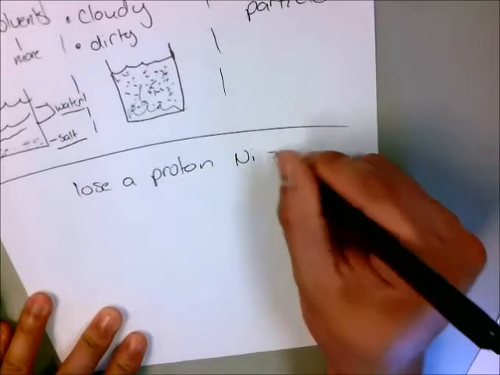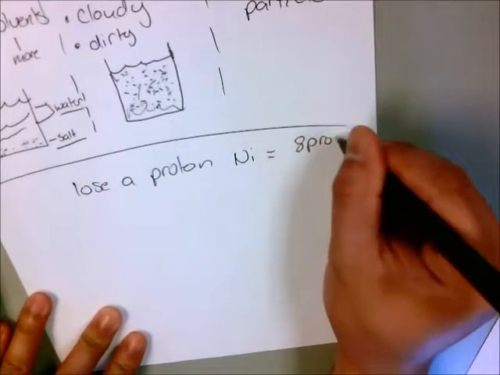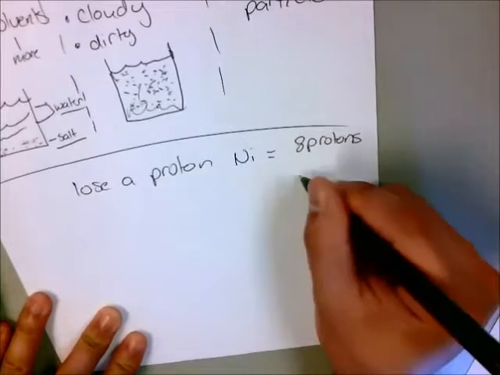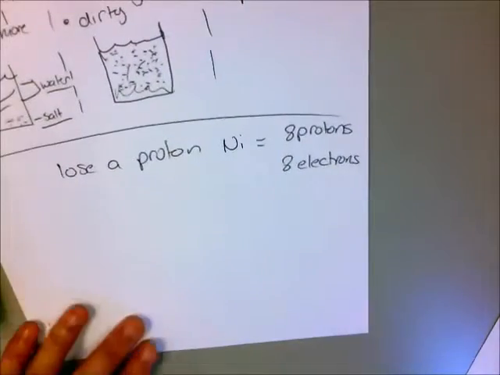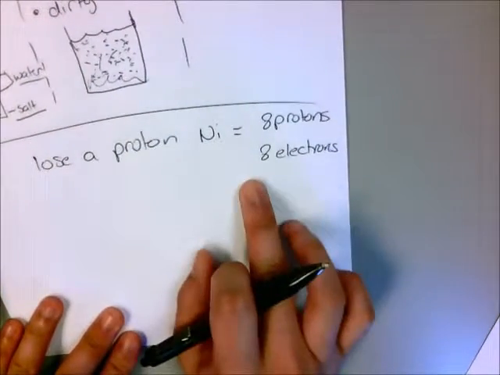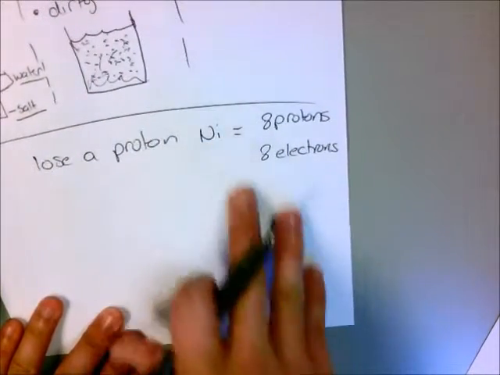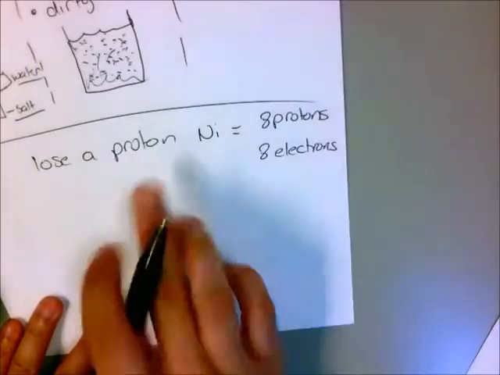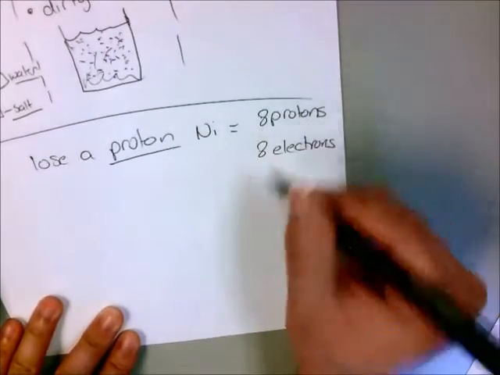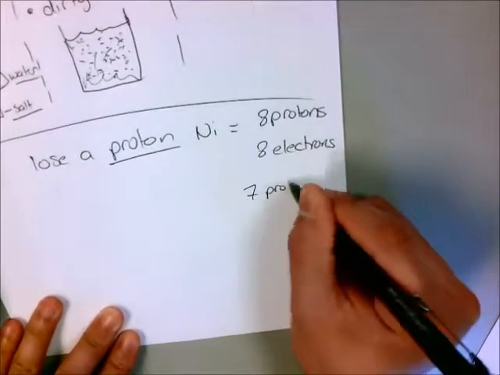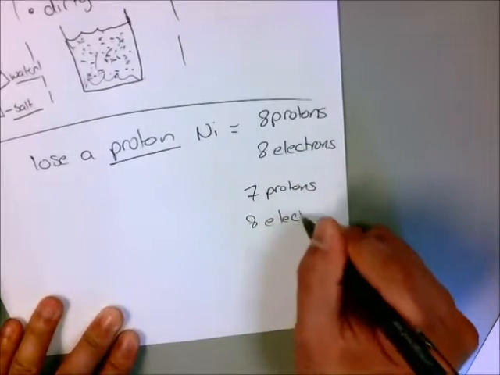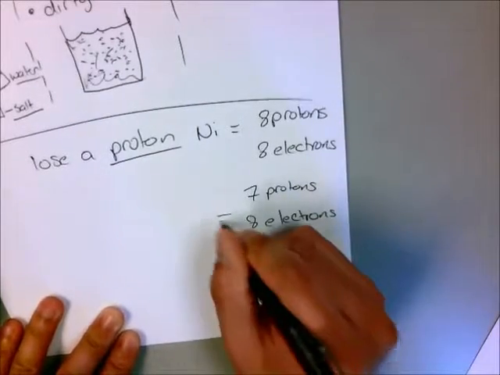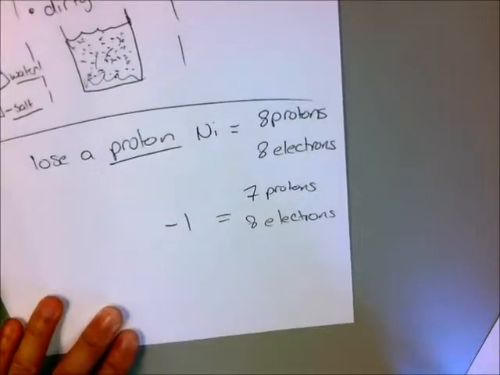So nickel has 8 protons, 8 electrons. So that's natural nickel. It neutralizes out. However, when you lose a proton, so let's say it only has 7 protons and 8 electrons still. It didn't lose any electrons. What happens now is that your charge is -1.